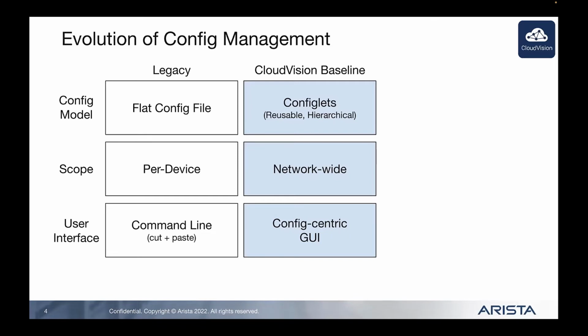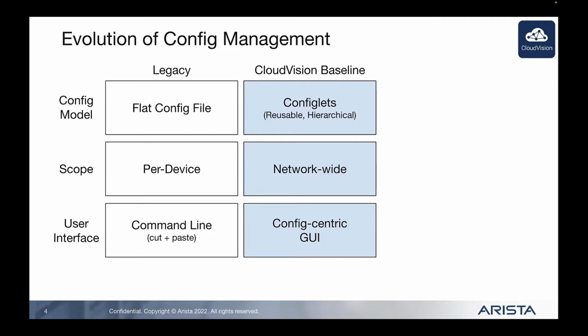Now, even with Configlets, it was very similar to your CLI. Meaning what you type in your CLI is what you type in your Configlets, right? So the learning curve itself is not a lot. If you can configure all these commands in your CLI, you're very aware of how the protocol, the features, and all of that works. You take that and you put that in the config model, it becomes Configlets, and you start managing it. The user interface now shifts.